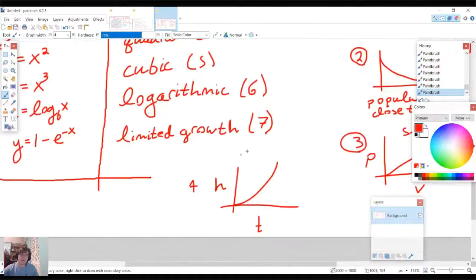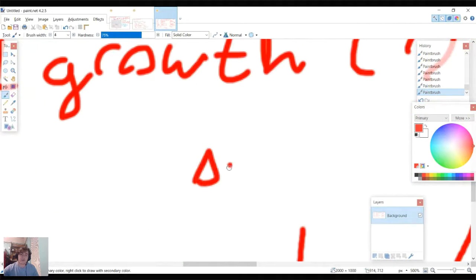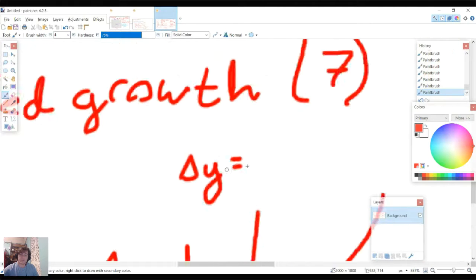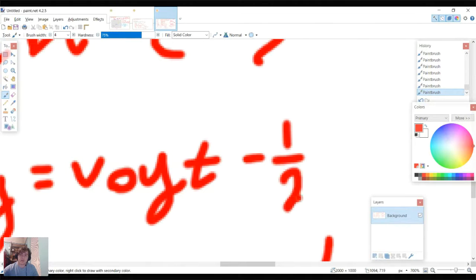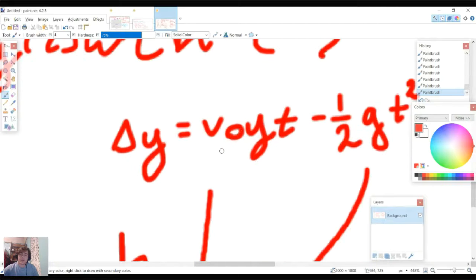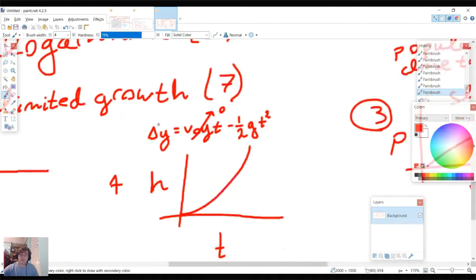And the reason why is because we have the expression delta y, the vertical displacement, is equal to v0y t minus 1/2 g t squared. And the first term is 0 if it starts from rest, which is what we're dealing with here.